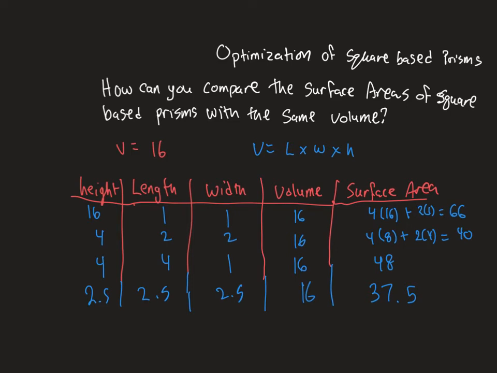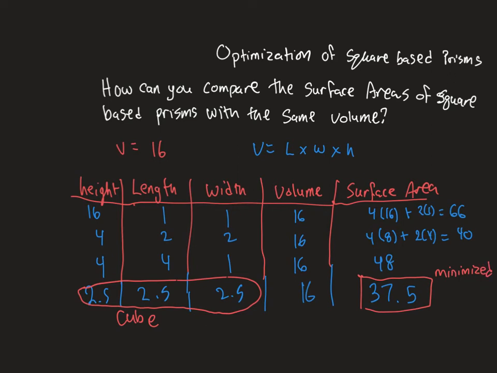Okay? So when I do this, what happens when you have 3 of the same sides? Your length, your width, your height are all the same. That means you have a cube. A perfect cube, actually. And what happens when you get that is you minimized your area.